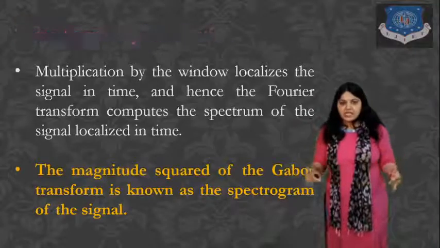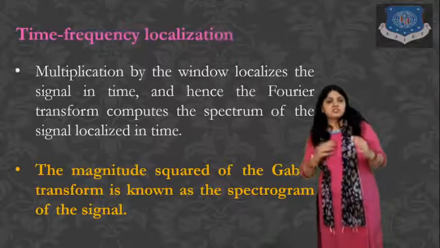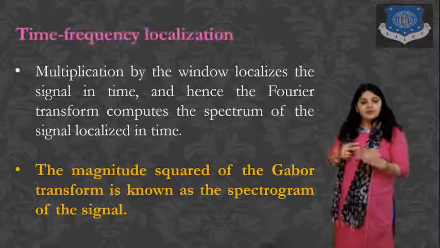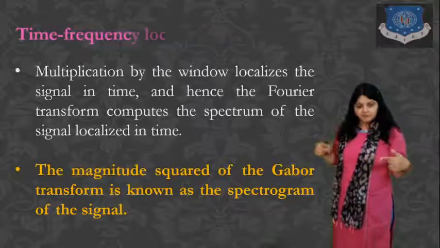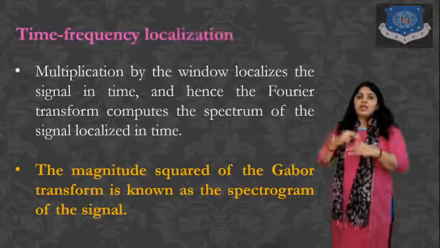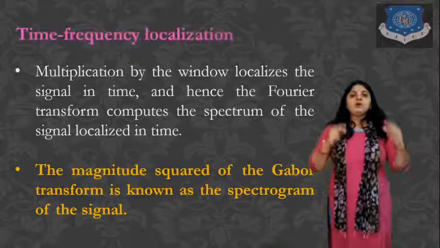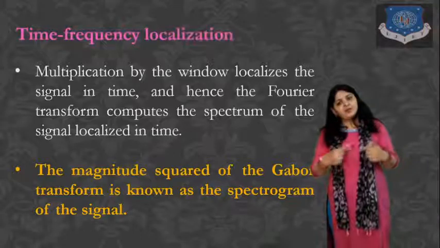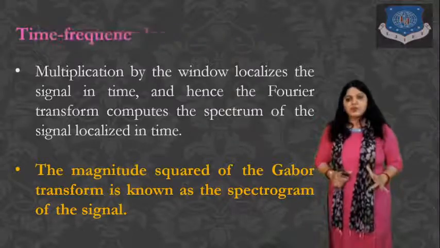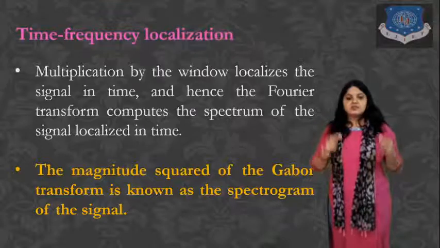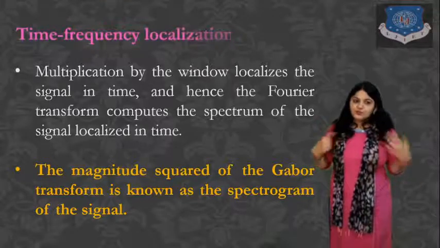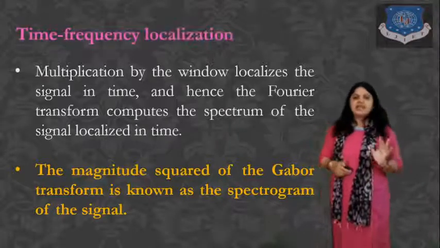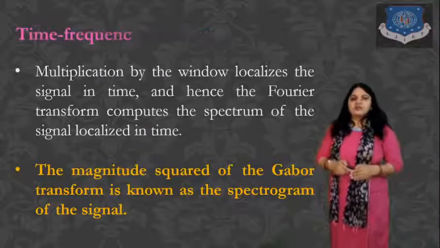We multiply the window, which is localized in time, and then we apply the Fourier transform onto the multiplication of the signal with the window, which produces the output, and the magnitude square of the Gabor transform provides us the information regarding the spectrogram of the signal.